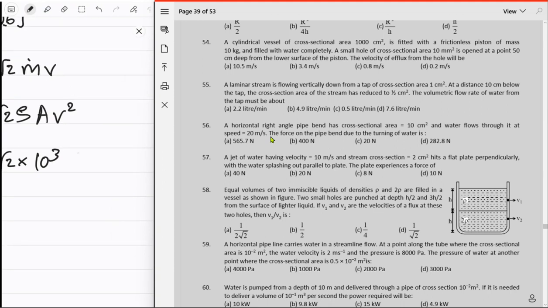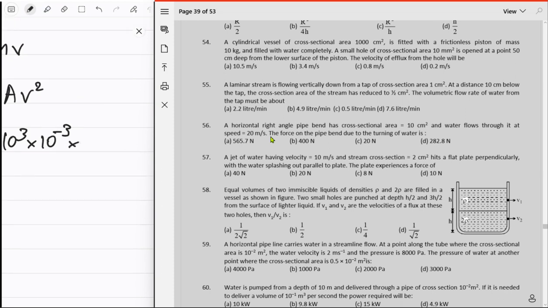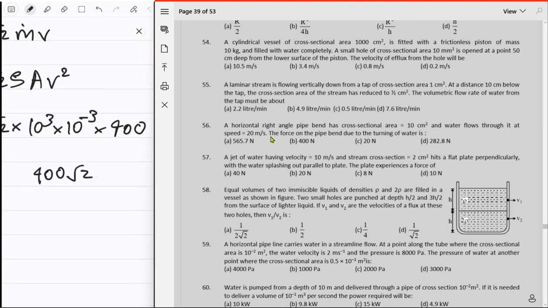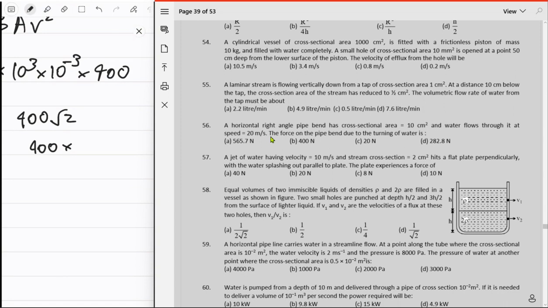Area 10 centimeters square, so 10 power minus 3 in the units. Cool. And then you got v squared, so just times 400. That's the force. So 400 square root of 2. Wow. 400 times approximately 1.414, whatever. Just 14 times 40. Yeah, that looks good. Okay, so 40 times 14 is like 560. So 560 newtons, close to that, which is A.